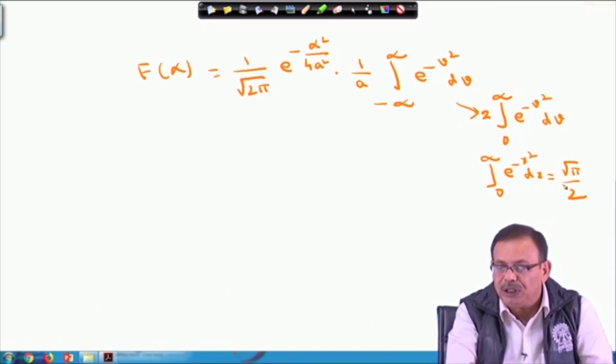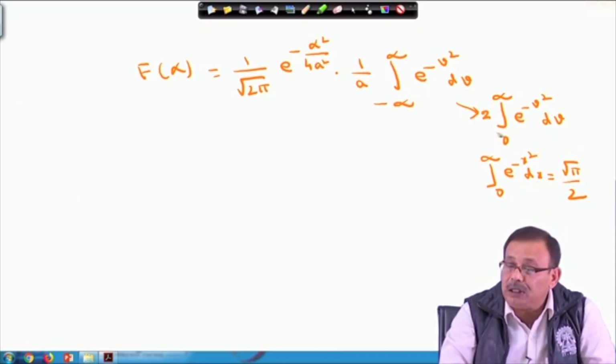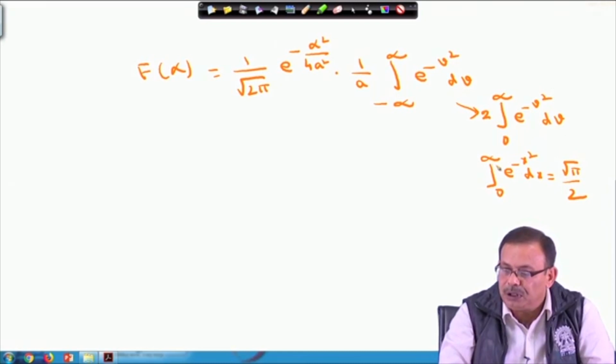Therefore, the integral from -∞ to ∞ of e^(-v²) dv, as e^(-v²) is an even function, I can write as 2 into the integral from 0 to ∞ of e^(-v²) dv, and again I know it is √π/2. So, effectively the value of this integral becomes √π.